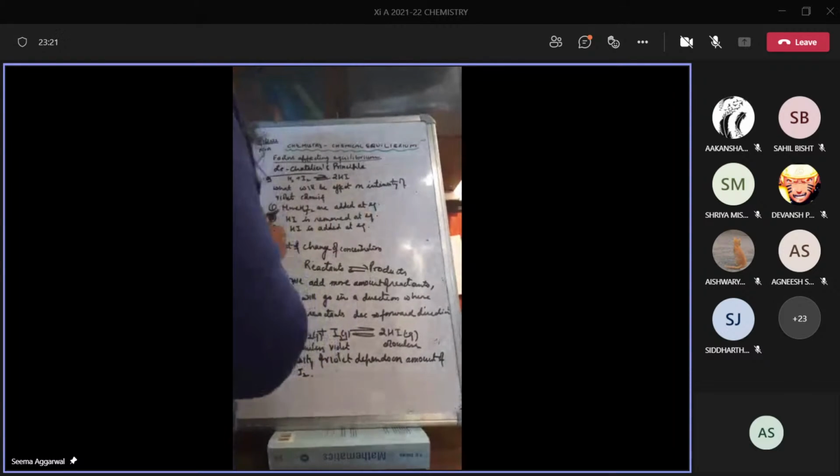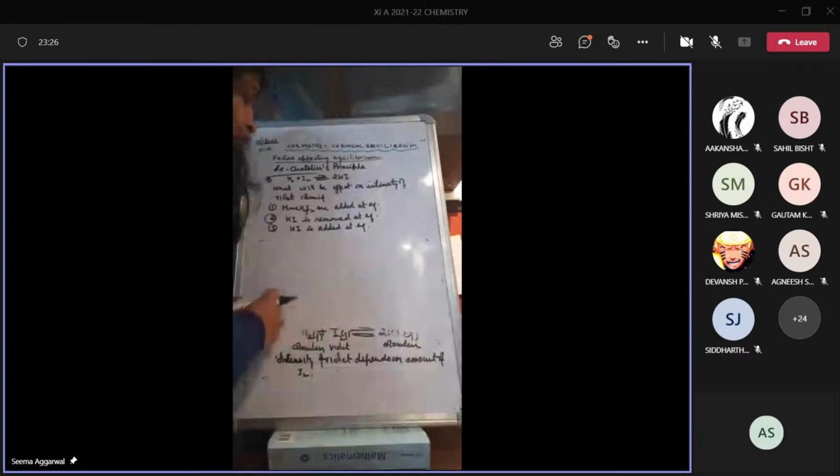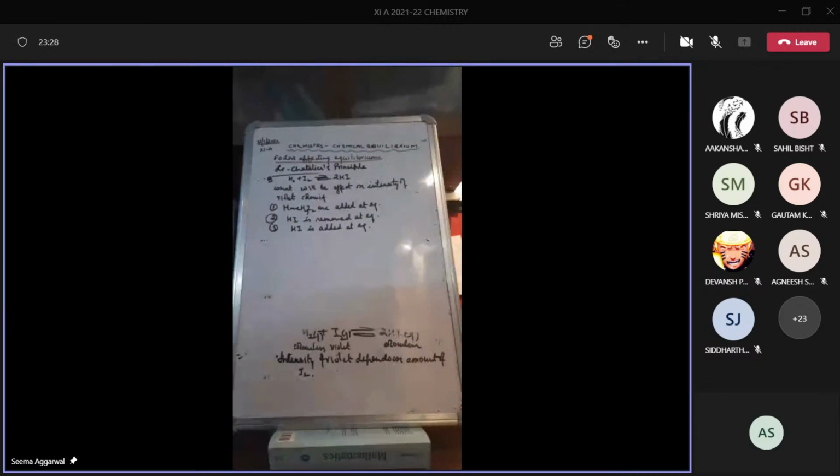The reaction is at equilibrium. Shreya will do the first part, Sanyam will tell the second part, and Jayant, you will tell the third part.